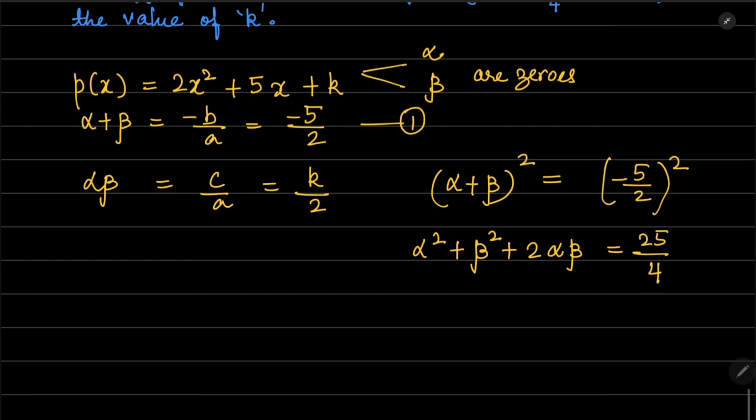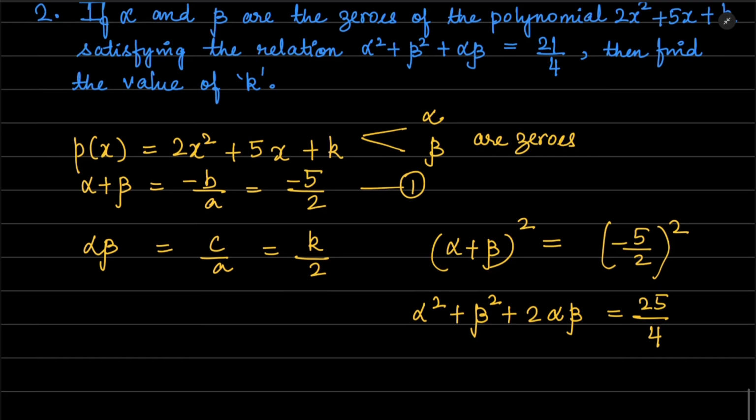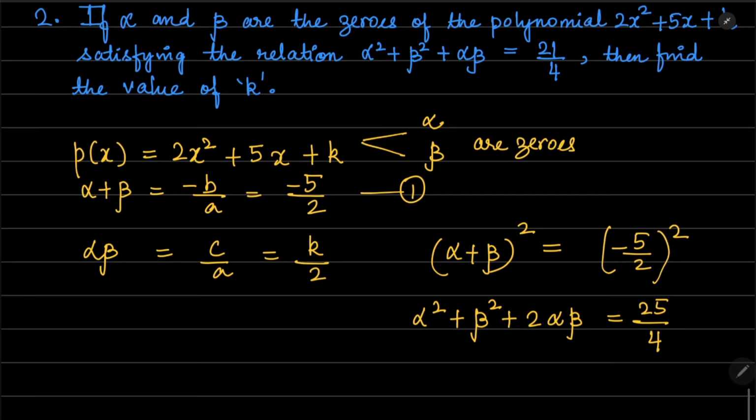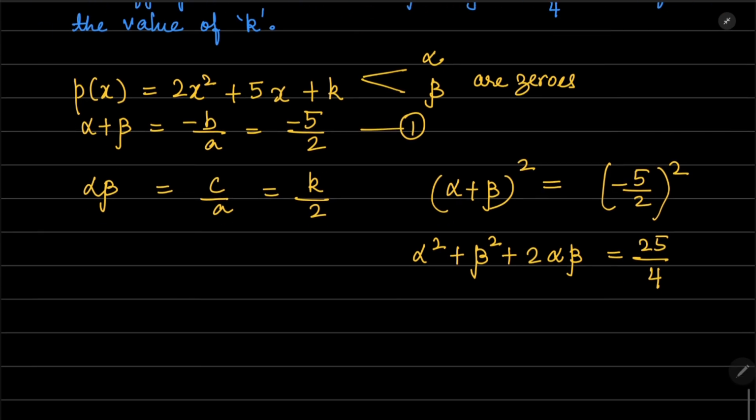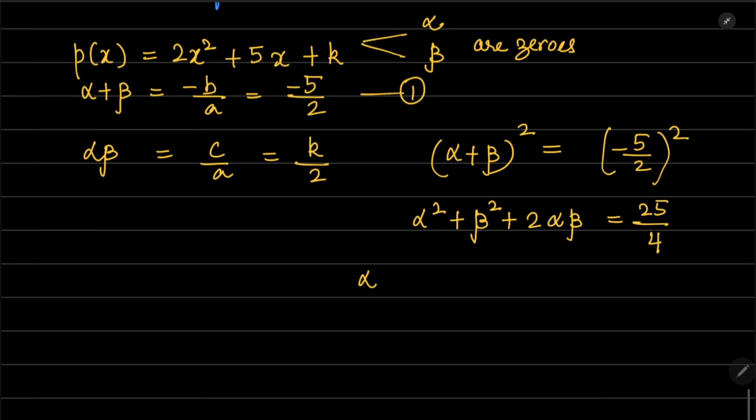Now I can split up and write. I am already given a value which is alpha square plus beta square plus alpha beta. So what am I going to do? I am going to rewrite. I am going to split this 2 alpha beta into alpha beta plus alpha beta.